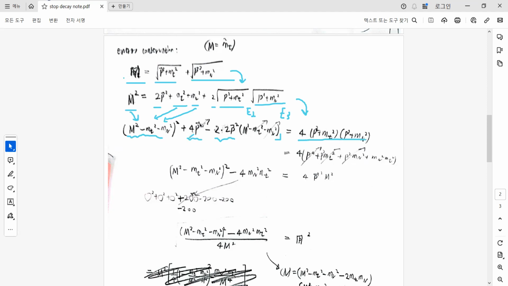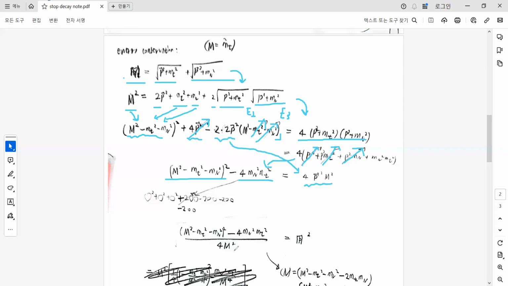The p to the fourth terms are cancelled out on both sides, and also the M squared and p squared terms disappear. So the remaining terms on the left-hand side are M squared minus mt squared minus mn squared, the overall square, and minus 4 mt squared mn squared from the right-hand side, and the last moves the momentum p terms here.